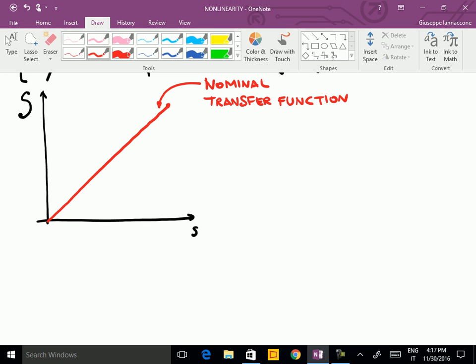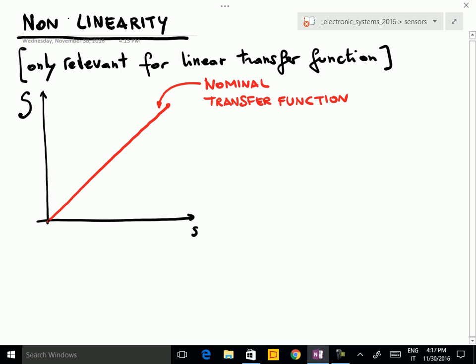For example, let's assume that the actual transfer function is something like this. Okay, this is the actual.